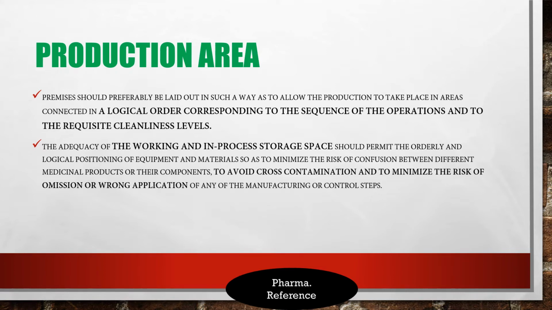The adequacy of the working and in-process storage space should permit the orderly and logical positioning of equipment and materials so as to minimize the risk of confusion between different medicinal products or their components, to avoid cross-contamination and to minimize the risk of omission or wrong application of any of the manufacturing or control steps.